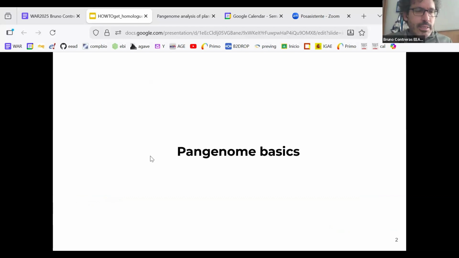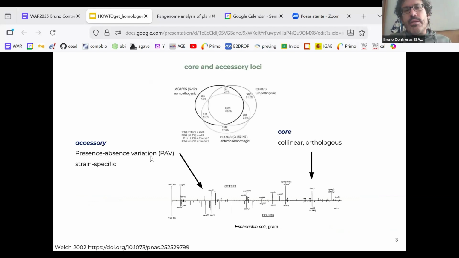So I'm going to start by showing you some basics about pangenomes, okay? In this slide, you see a couple of figures that I took from the paper that we still think is the main paper, the pioneer paper in bringing the ideas that gave rise to pangenomes.